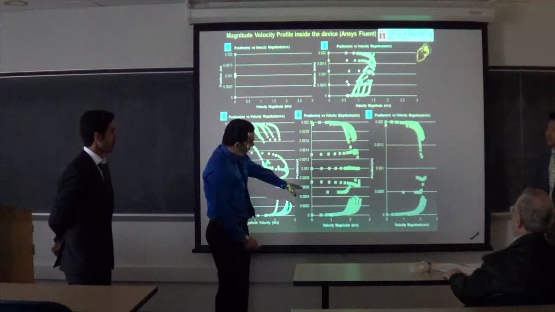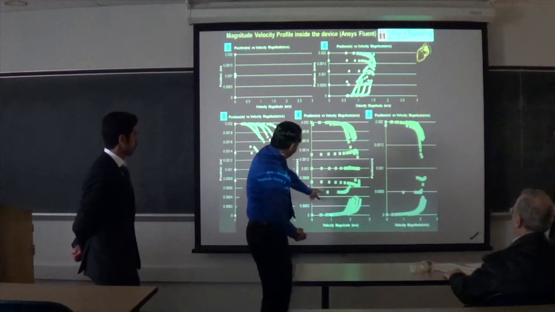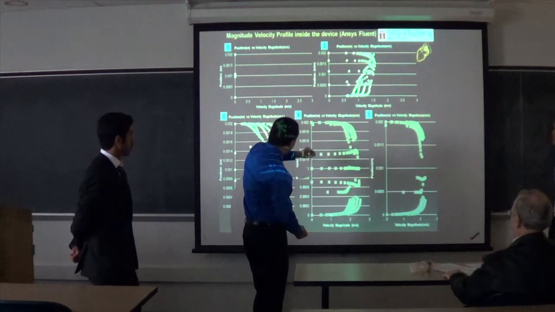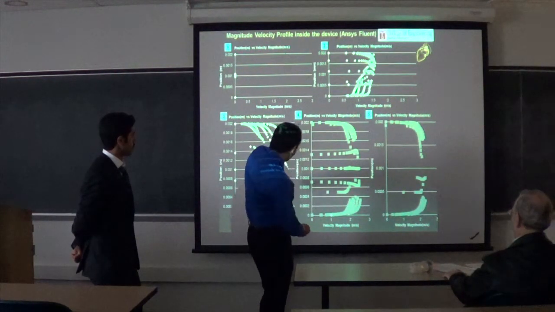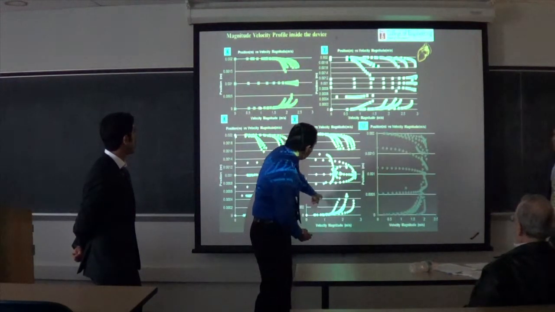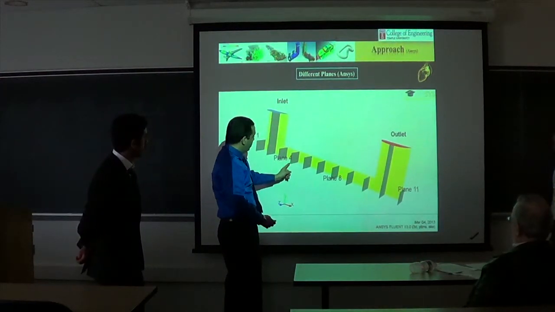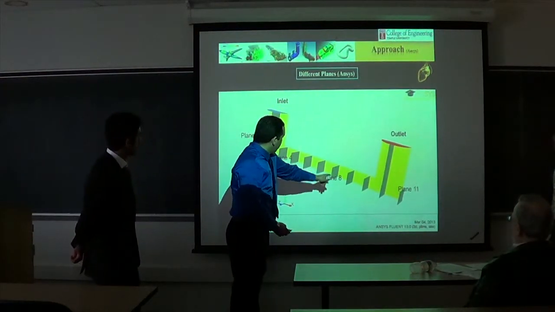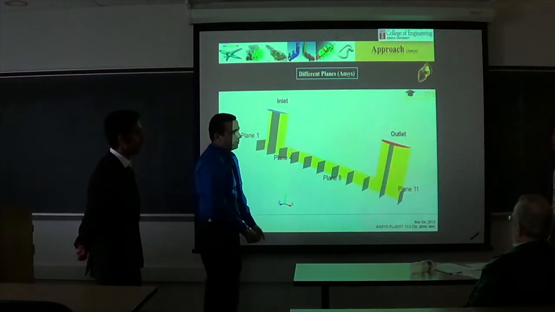With the help of this, we were able to discover that the flow becomes fully parabolic between plane 4 and plane 8. Since the distance between each of these is 3 millimeters, it's 3 times 4, which is 12 millimeters.